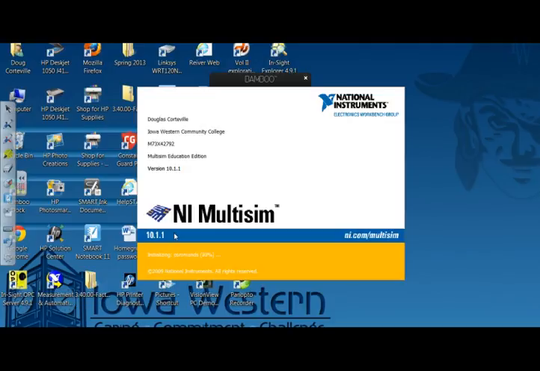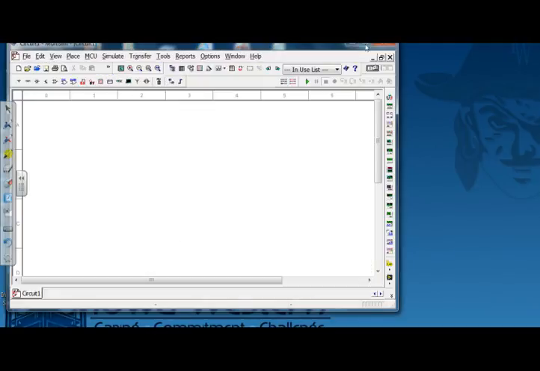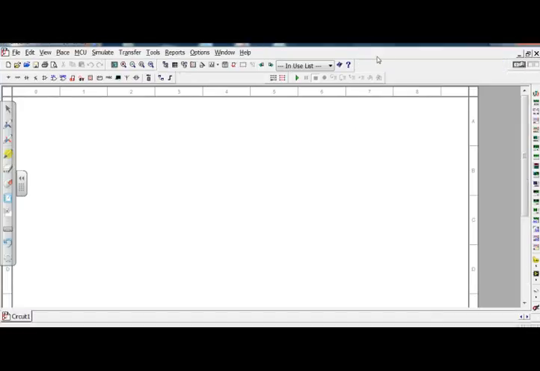Either that or we're going to spend the next half hour finding them on the web again. Those are my two choices. All right, so I got Multisim open. During our lab periods next week in circuit analysis, we'll go over to the lab and I'll show you where the Multisim programs are so you can use them on your own.